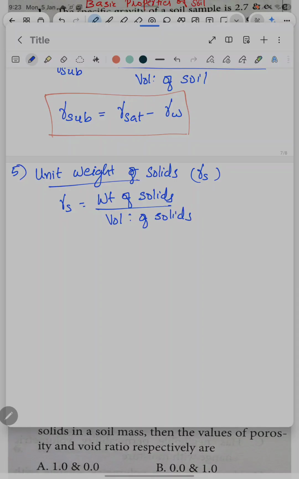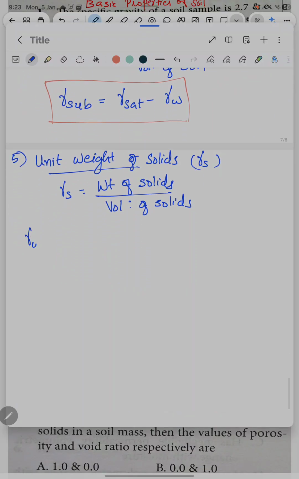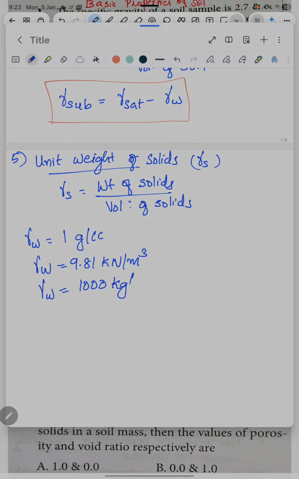One more thing: we can take the value of gamma W. If it is not given in the question, we can take the value of gamma W as 1 gram per cc, if the rest of the values are given in gram per cc, or 9.81 kilonewton per meter cube, or gamma W is equal to 1000 kilogram per meter cube. These are the three values according to different units.